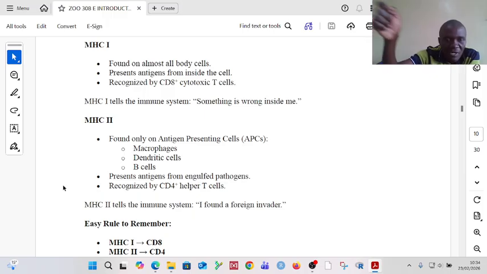So the MHC class 2 works by sort of telling the immune system that here I found a foreign invader. Because ni hiyo ipate the pathogen, then it surrounds the pathogen and now presents the antigen from that pathogen.